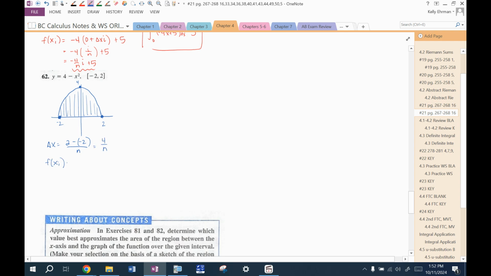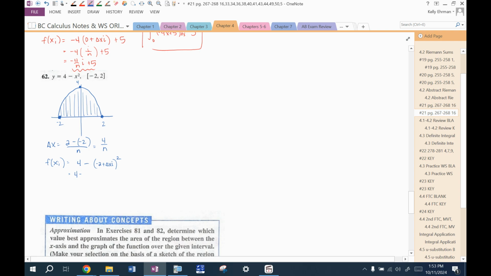What is the expression for f of x sub i? So the original function is 4 minus something squared. We always start at the beginning of the interval, and we say we're going to add delta x times i, which just means the first rectangle can start at i, which is any value in between -2 and 2. And to get there, I would add a certain number of delta x's. All right, so let's work on this a bit.